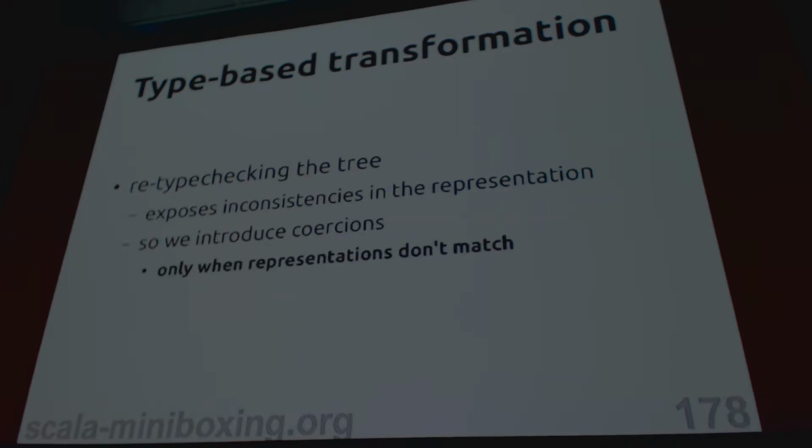Okay, and then what happens is that retype checking the tree, so giving it back to the type checker and saying, okay, check it again, tell me where you find errors, actually helps us introduce coercions. Wherever there's a mismatch, we know there's a coercion that needs to be inserted, because the tree originally passed through the type checker was okay, and then we made this choice of splitting things up, and then it started having representation mismatches that translate into type mismatches.